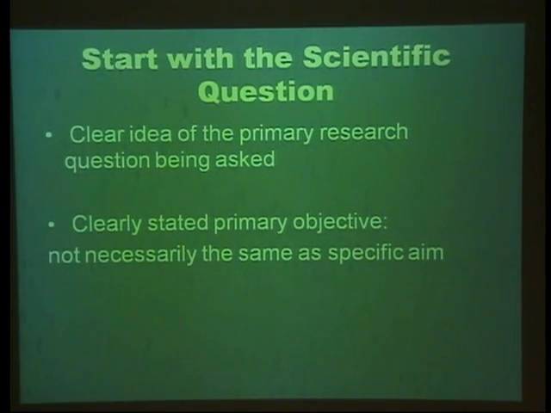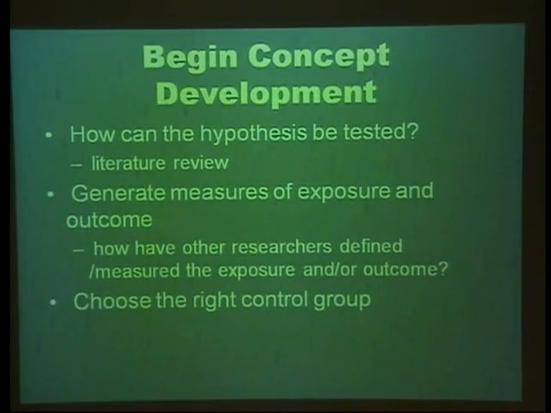So I want to start out with something that we're going to clearly write down as an objective. And usually we have 1 or 2 primary objectives, and then we possibly have several secondary objectives. And these are things that you can write out as sort of concepts. They're a little different than what we think of as the specific aim, which is rewriting these in terms of what it is we're going to measure and what we think about that measurement.